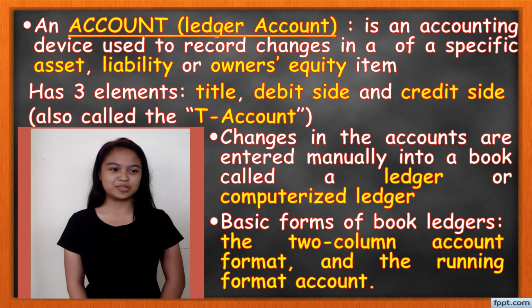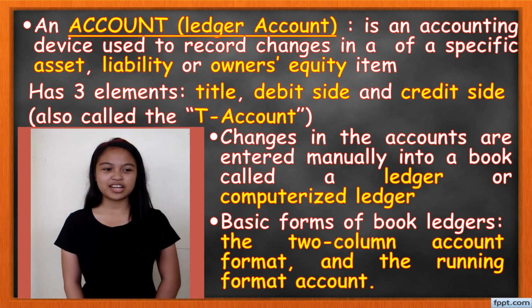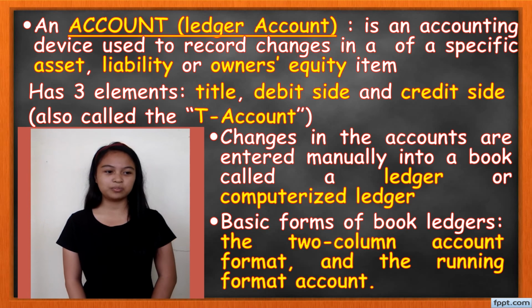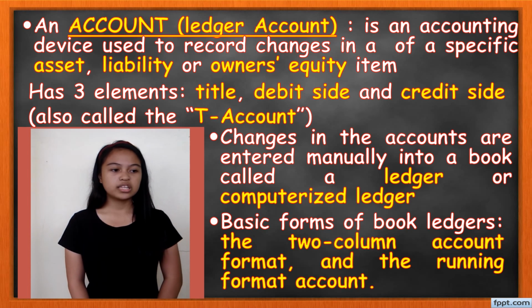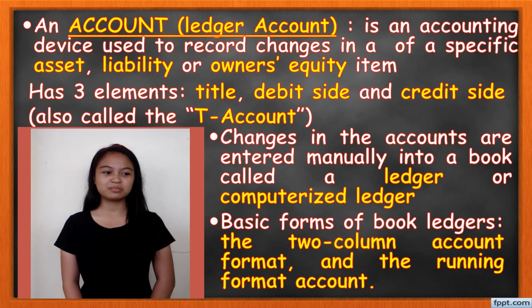It has 3 elements: title, debit side, and credit side, also called the account. Changes in the accounts are entered manually into a book called ledger or a computerized ledger. Basic forms of book ledgers are the 2-column account format and the running balance account format.